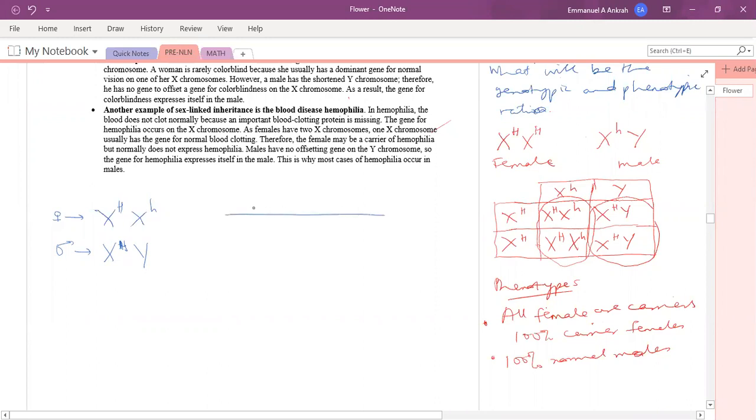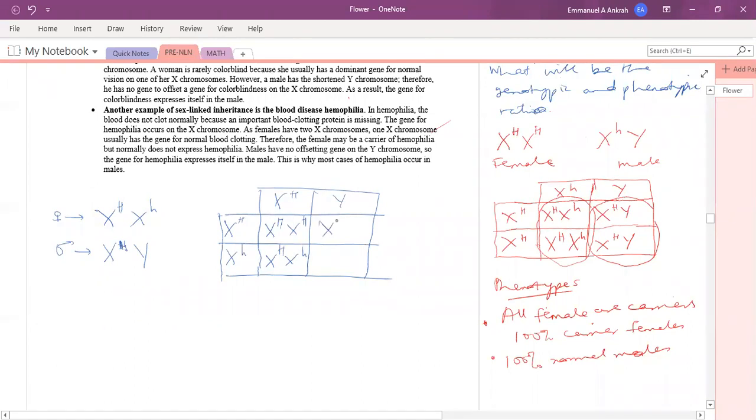So let's see. They produce offspring. So we have X, H, X, h, X, H, and Y. So this will be X, H, X, H. This will be X, H, X, lowercase h.